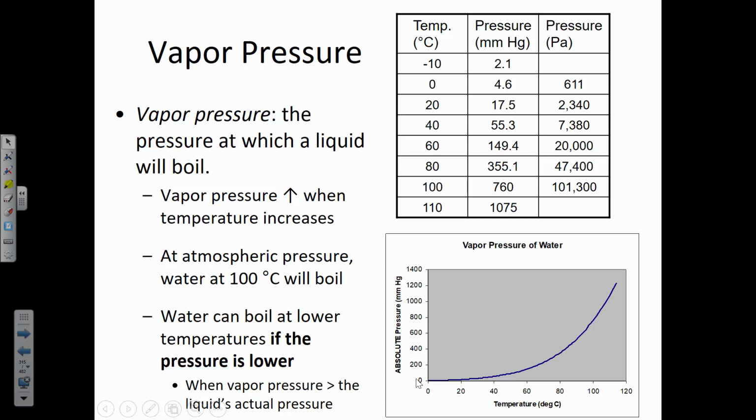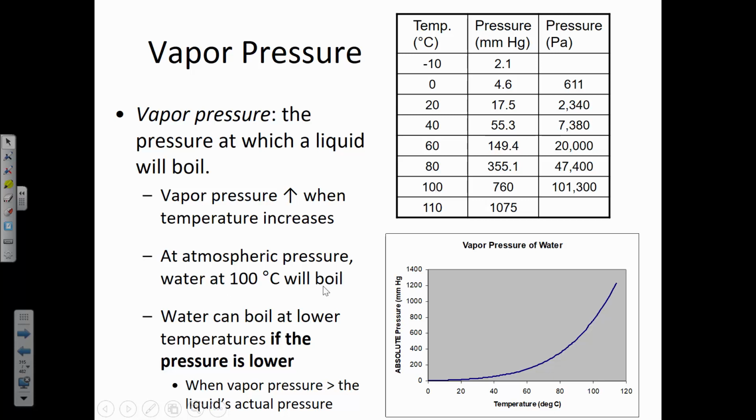But the point is that you can see here this is a figure of the pressure as a function of temperature, the vapor pressure of water, here in terms of millimeters of mercury, here in terms of pascals. But we can get the water to boil at lower temperatures than 100 if we surround the water by pressures that are less than the vapor pressure of that liquid.